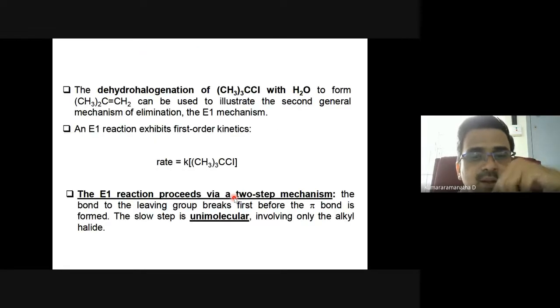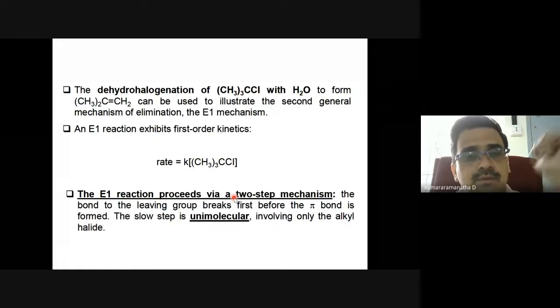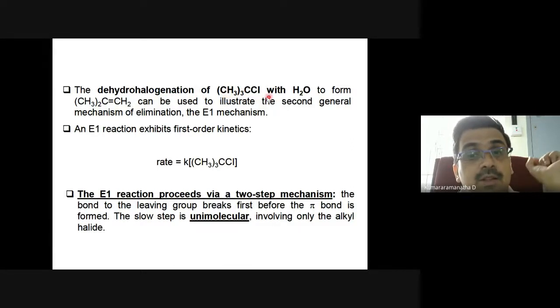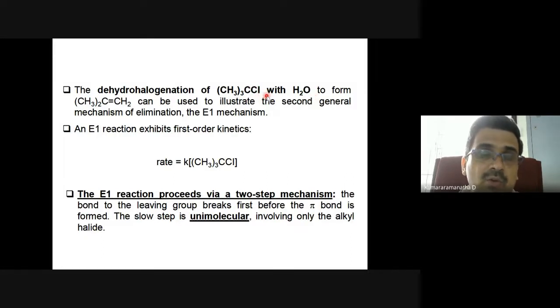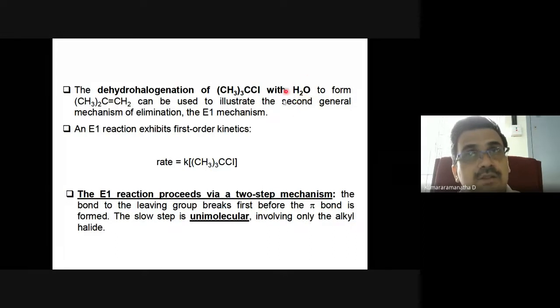Now, let us take an example of dehydrohalogenation of a certain molecule, where you have a tertiary butyl carbon with a chlorine group, with water. In the first example, we took a tertiary bromo or other leaving group with NaOH or alkoxide. Instead of that, let's take water.